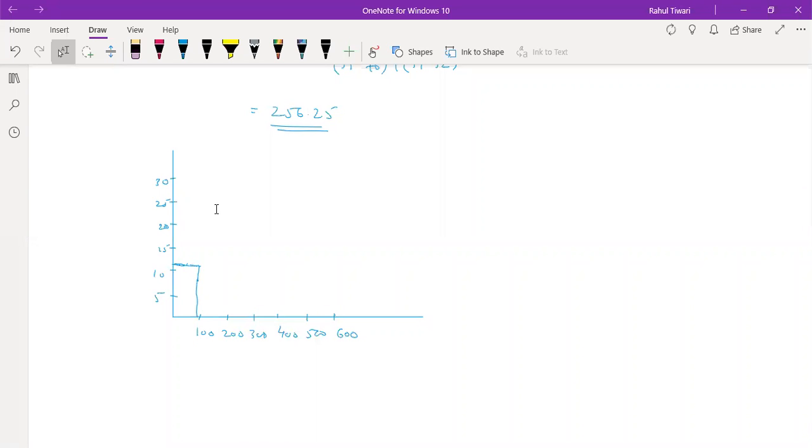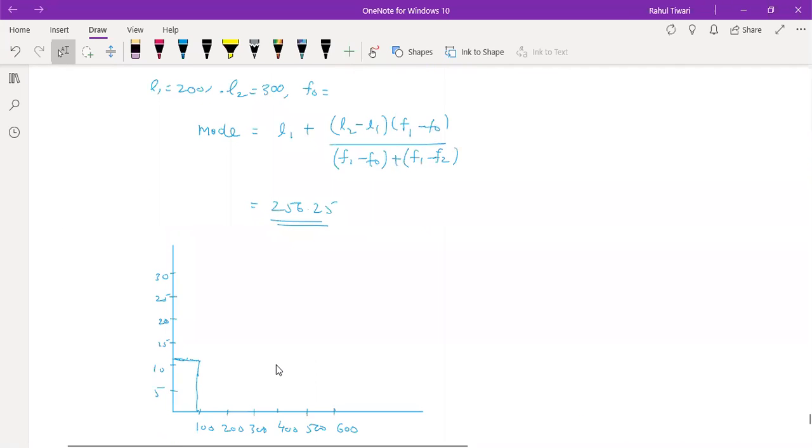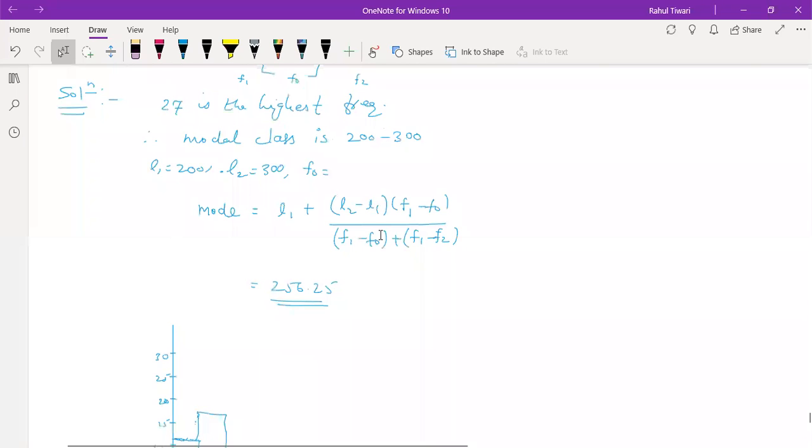Somewhere here. The next is 18. So somewhere here. The next one is 27.